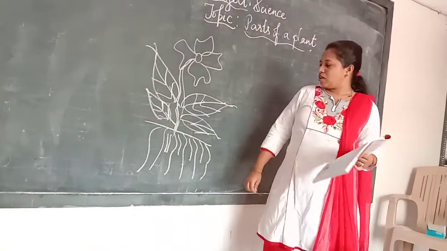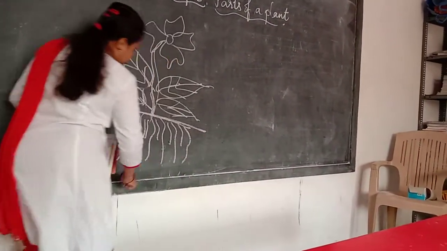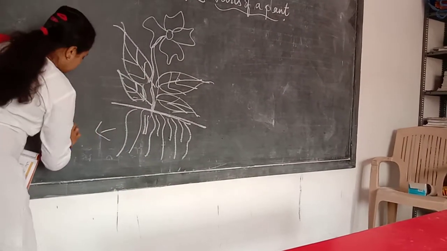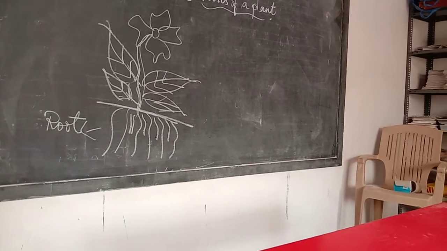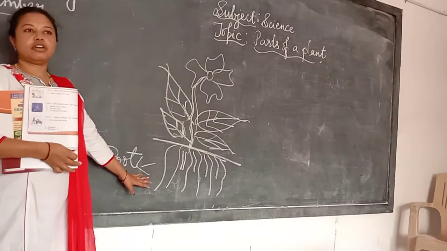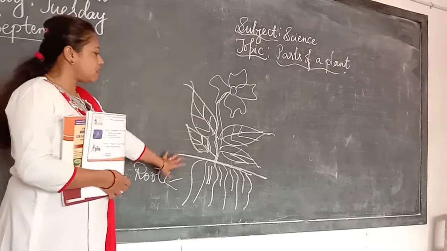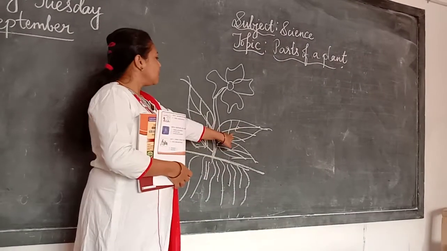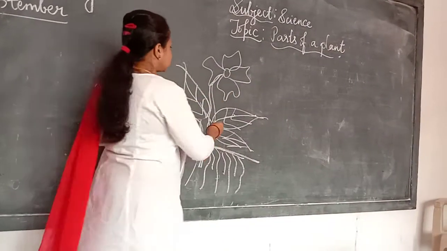Okay, now this is root. So first we are going to learn about the function of a root. In the earlier class we learned about different parts of a plant. This is root, this is stem, leaves, flower, fruits.